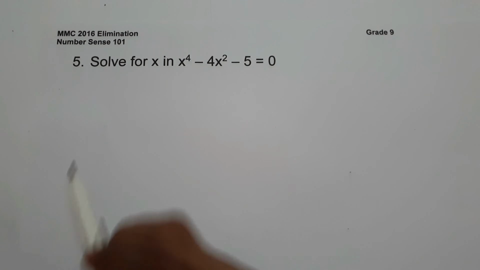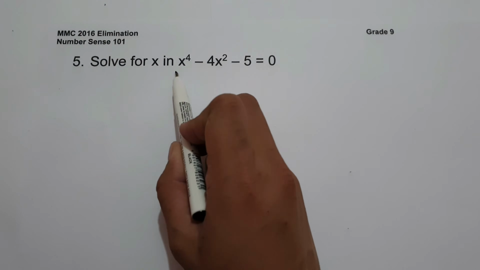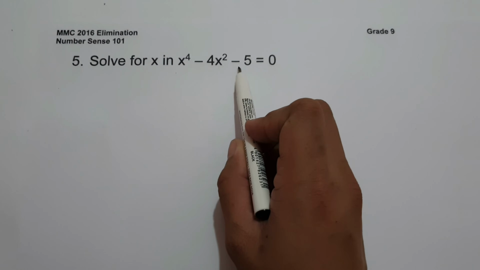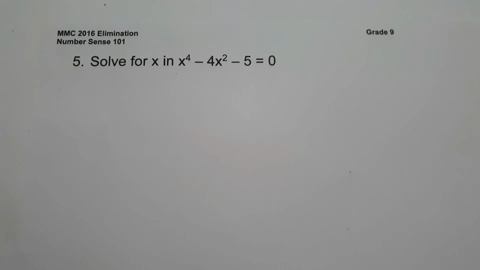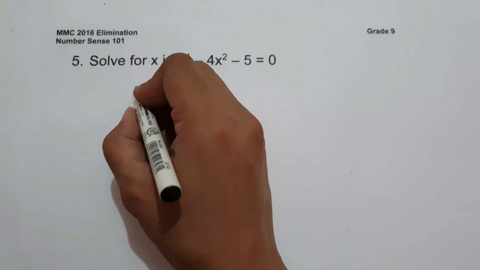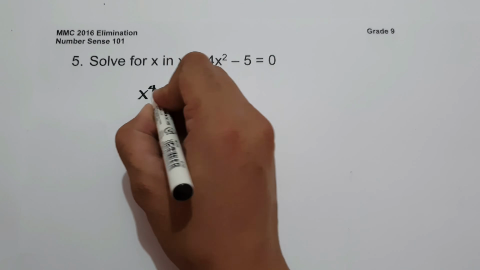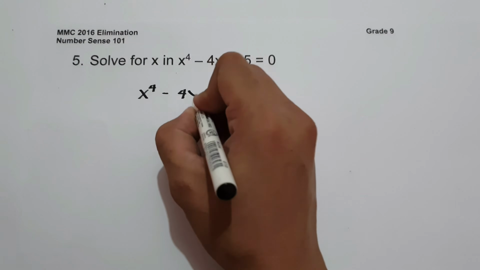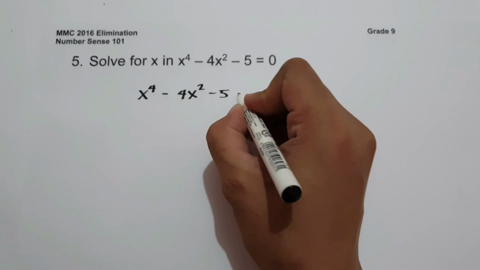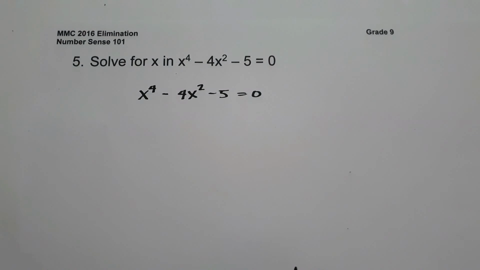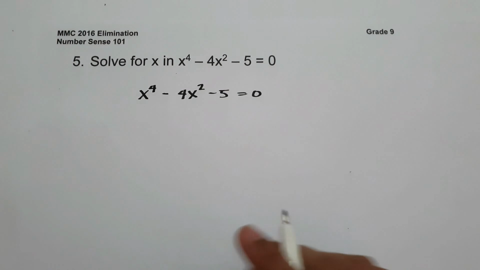On number 5, solve for x in x raised to 4 minus 4x squared minus 5 equals 0. So how can we find the value of x in the given equation? So to find the value of x, we are going to have x raised to 4 minus 4x squared minus 5 equals 0. So let us find the factors of the given equation.